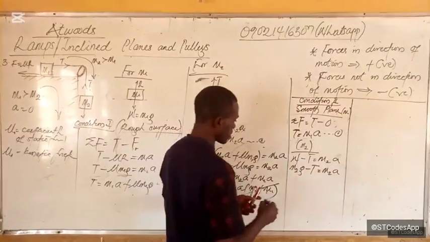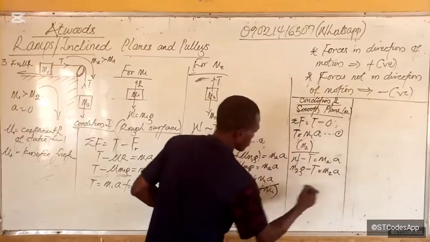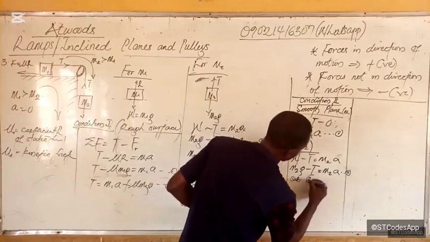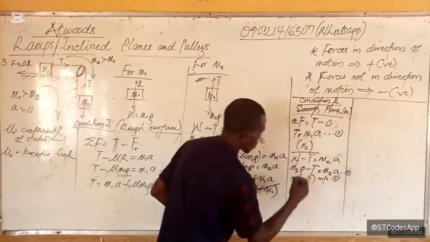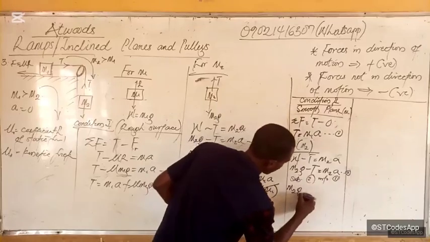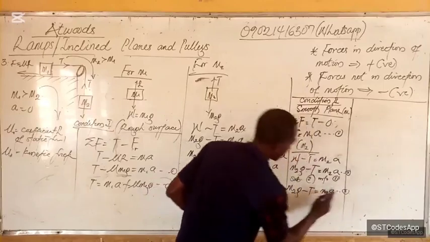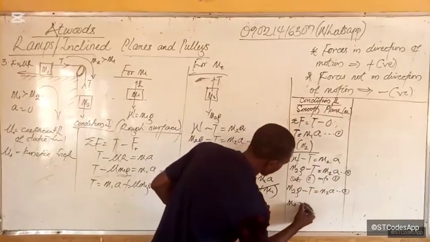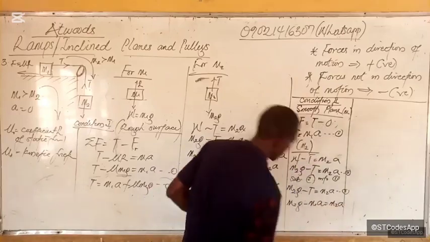So we substitute equation 1 into equation 2 for T. Anywhere we find T, we substitute M1A. So M2G minus M1A is equal to M2A.